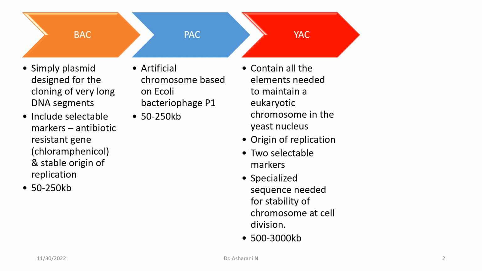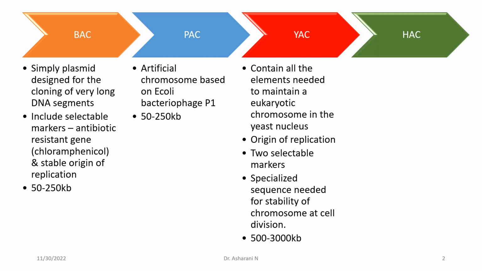So that's why BAC and PAC are preferred over YAC, because BAC and PAC can take up to 250, and also their molecules can be easily separated from the E. coli genomic DNA using standard plasmid isolation. So because of these two factors, they can take up a large fragment, and also they are very stable, which makes BAC and PAC a preferred one when we compare it to YAC.